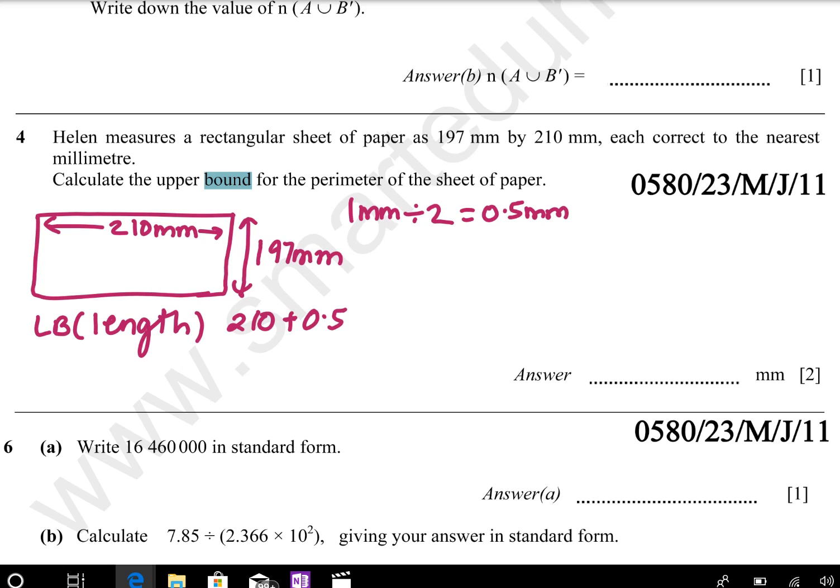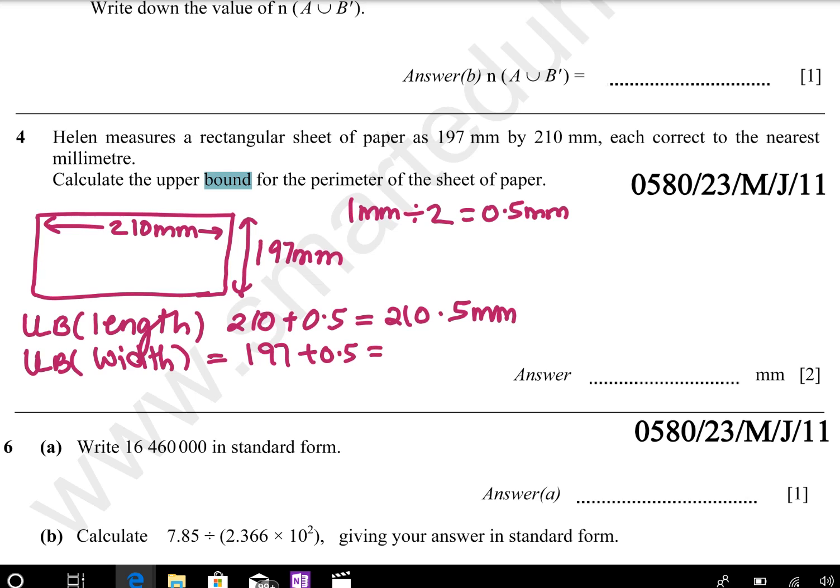So that makes it 210.5 mm. Sorry, why am I writing lower bound when they've asked upper bound? Upper bound of width is equal to 197 plus 0.5, which is 197.5 mm.